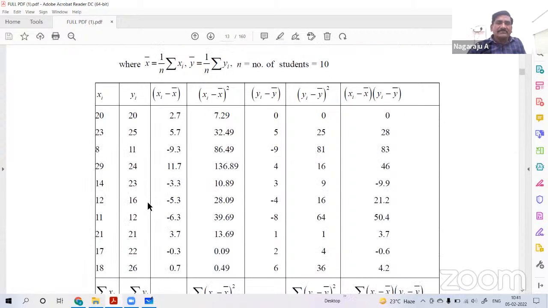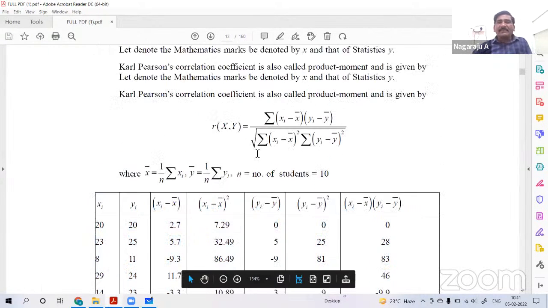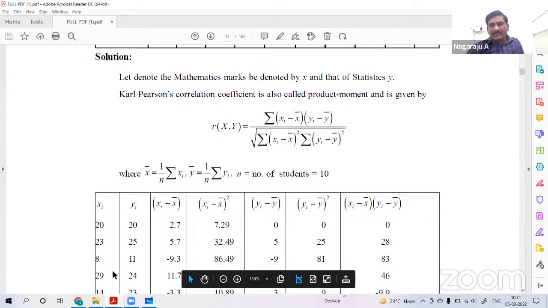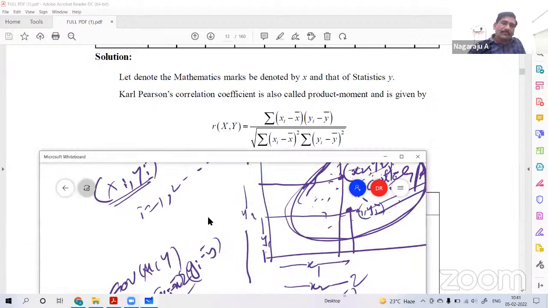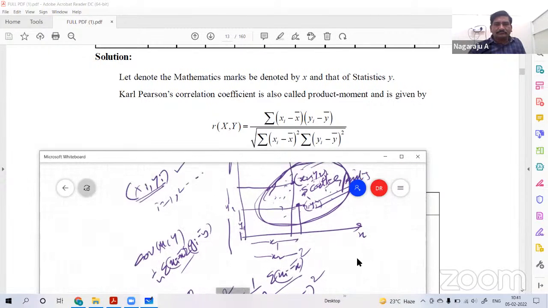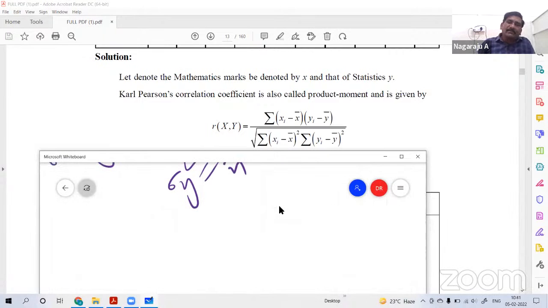And I take the total. It is Xi minus X bar. How can X bar be calculated? It is the total sum of the observations divided by the number of elements. Here, summation Xi; at the bottom I write X bar equals summation Xi by n.